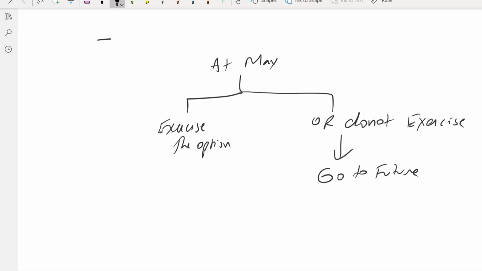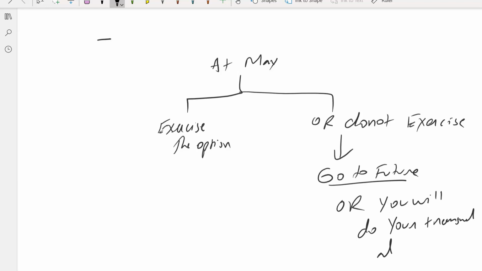So I'm assuming that if you do not exercise the option, you have a choice to select the future contract, or you will do your transaction at spot.